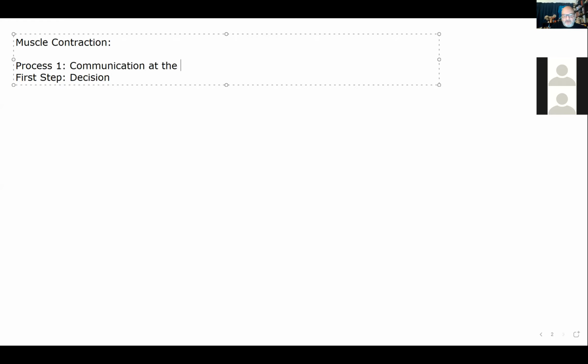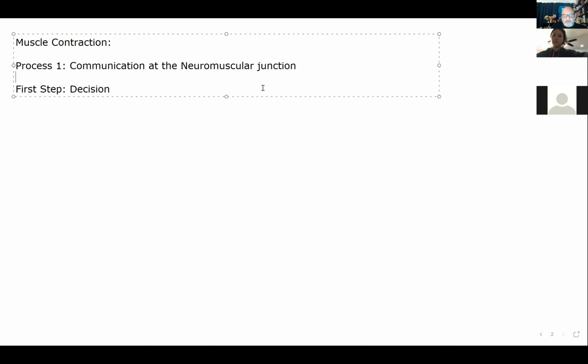Communication at the neuromuscular junction. And remember also, anytime we're talking about these processes, it's probably good to think in terms of what its goal is as well. And what is our goal of communication at the neuromuscular junction? To convert the neural action potential into muscle action potential.